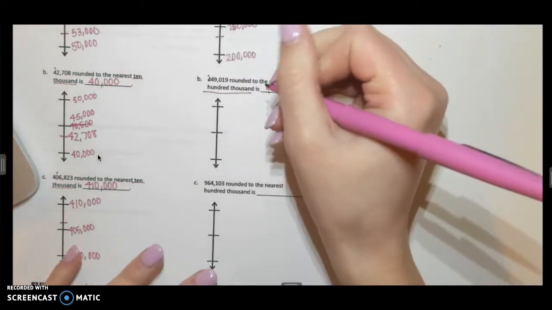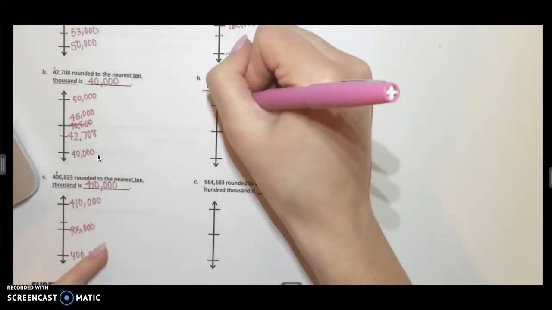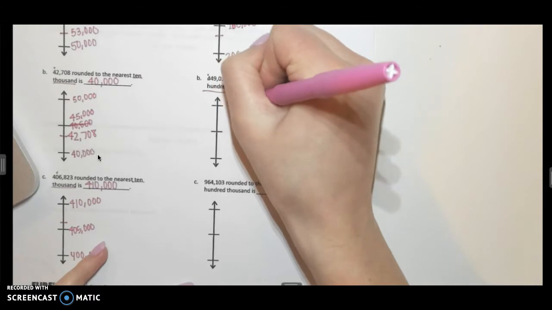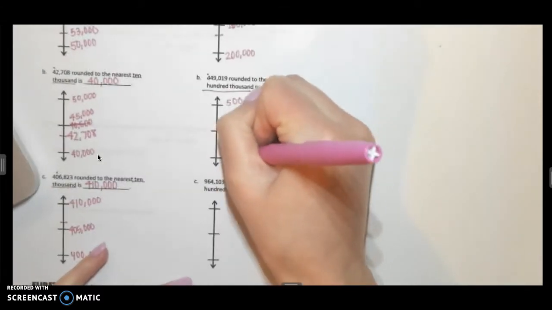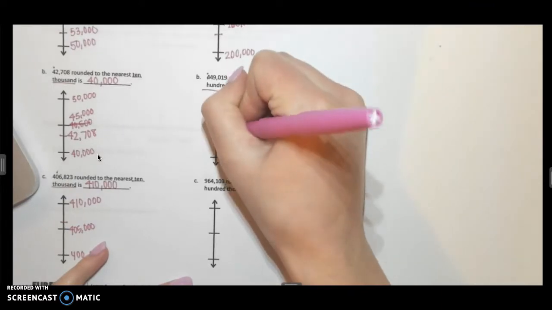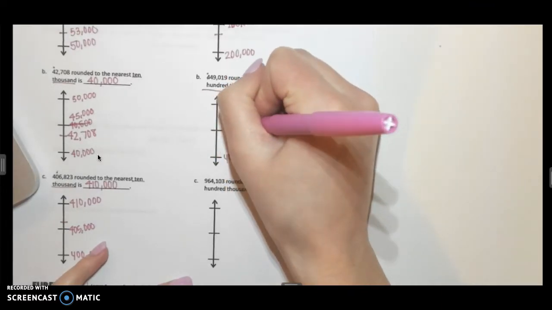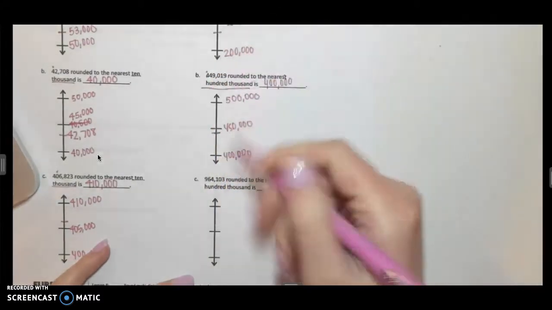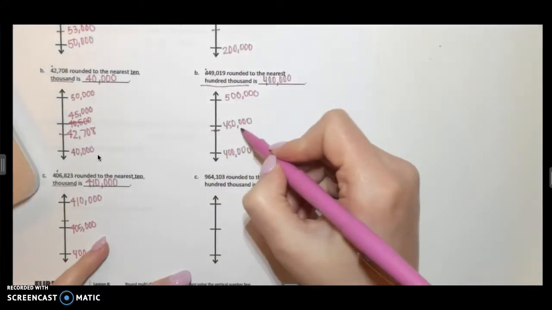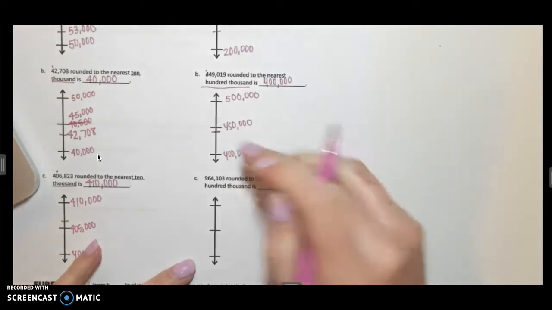And then on that number line, on the top, we can go up to 500,000. On the bottom would be 400,000. And this would be 450,000 in the middle. And this would be right about here. And remember, we're going to 100,000, not 10,000.